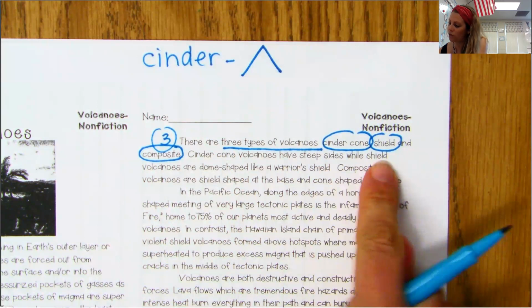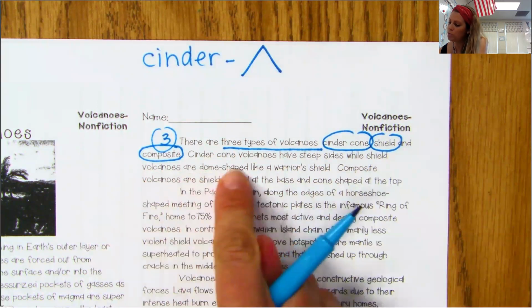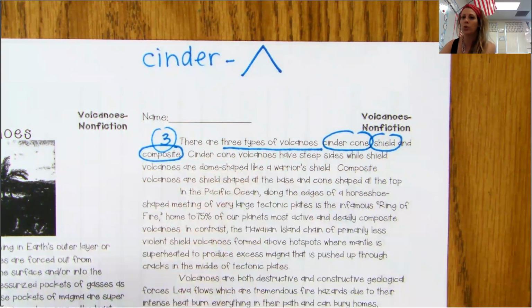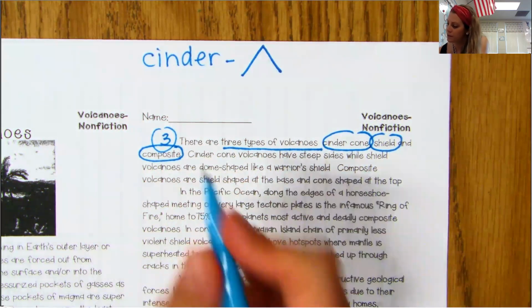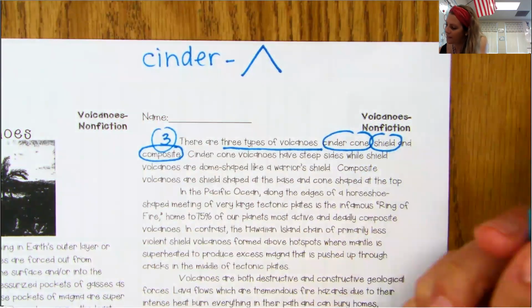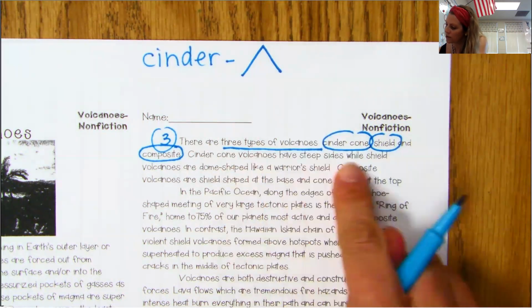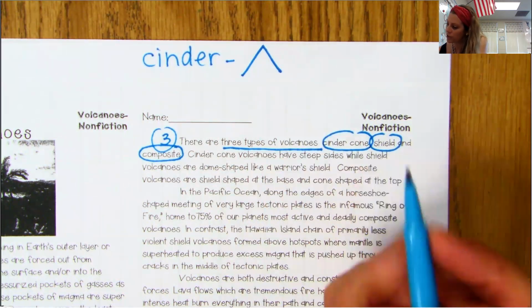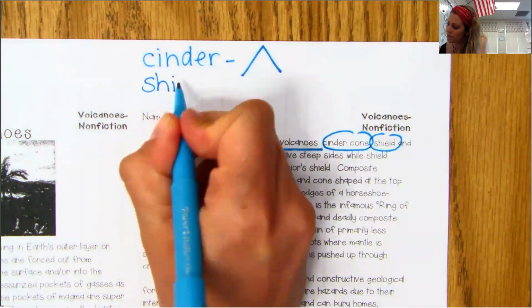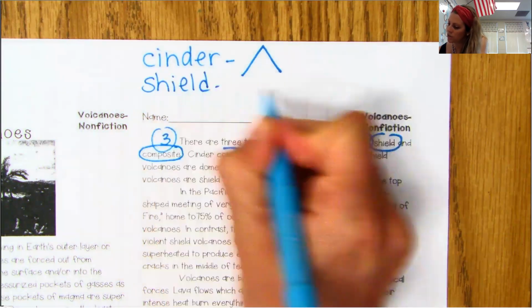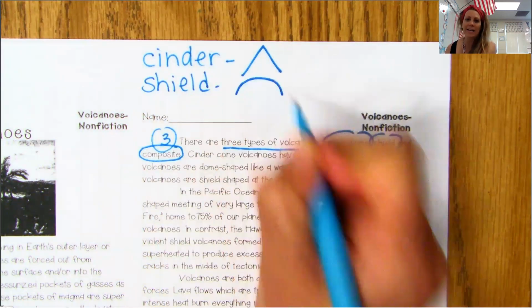Okay, the shield volcano is dome-shaped like a warrior shield. So that's the shield. So a shield volcano is more kind of like that.